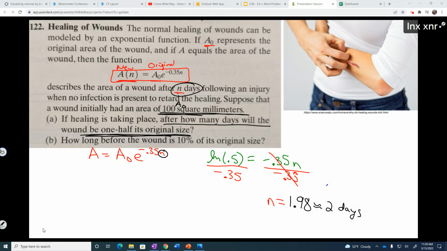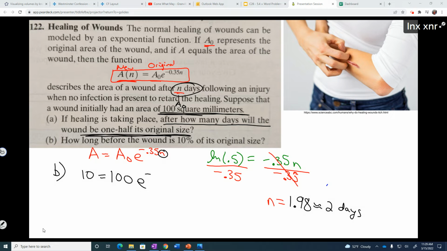Okay, so same idea though. We're gonna set up almost the same equation. So how long before it's 10%? So what's 10% of 100? Yeah, just 10, right? So we want to know when it's down to 10 millimeters. Because 10% of its original size would be 10 millimeters. So everything else is going to look the same here. We're still starting with 100 millimeters.